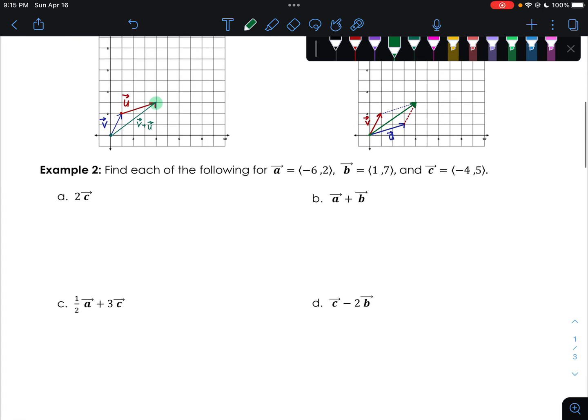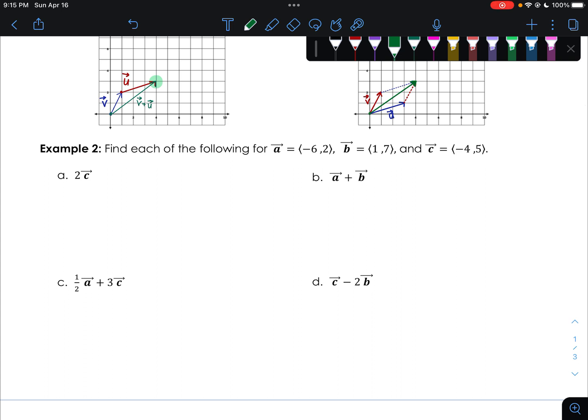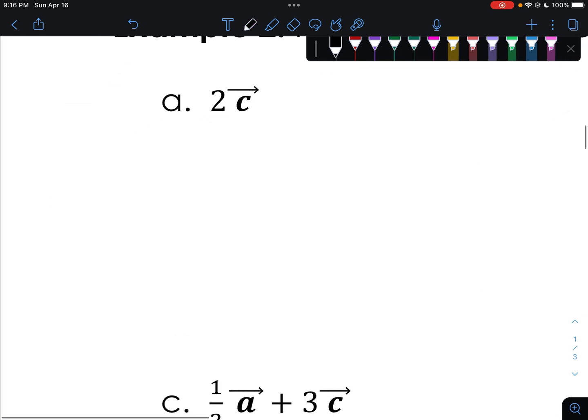So now we have example 2, where we have 3 different vectors. Go ahead and pause the video and see if you can answer these questions, and then check your answers with the video. So if we're doing example A, what this means is we are taking 2 and multiplying it times vector C. Well, vector C is <-4, 5>.